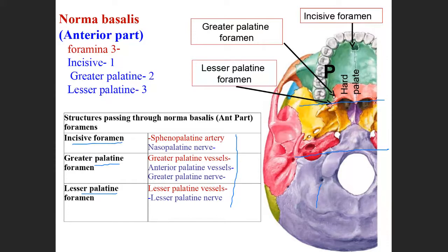In the exam, we can ask anything. These structures are very, very important throughout your dentistry. You should remember which structure is coming from which foramen.